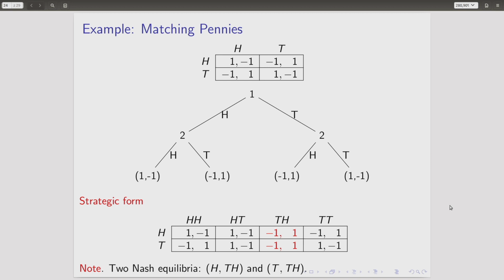I get the game which is here. You remember that in this matching pennies, player 2, the column player, had 4 strategies, while the first player, the row player, had 2 strategies. So here is the strategic game which corresponds to the game in extensive form. And in this game, there are 2 Nash equilibria, whereas in the original game, there was no equilibrium.